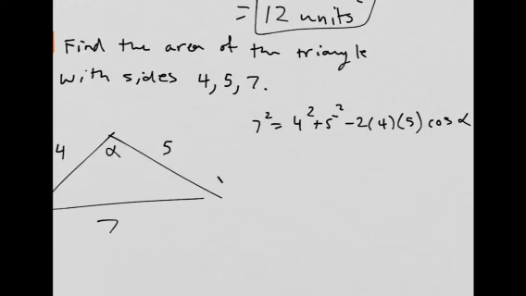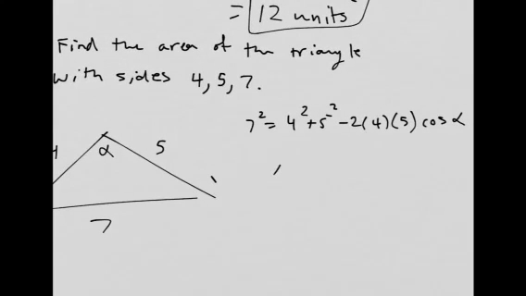I would get cosine by itself, and then alpha, that was in the other video, so I'm just going to write down alpha. If you solve for that top angle, you should get 101.536959 degrees, just by using the law of cosines.